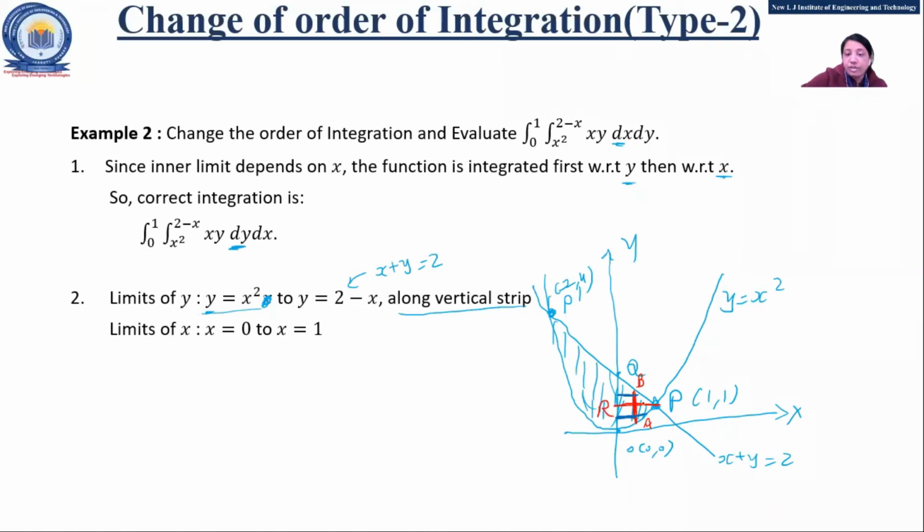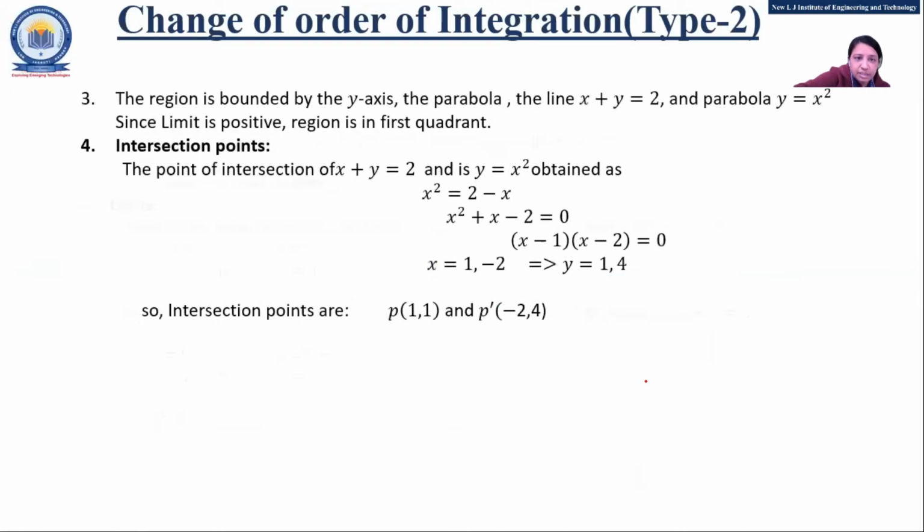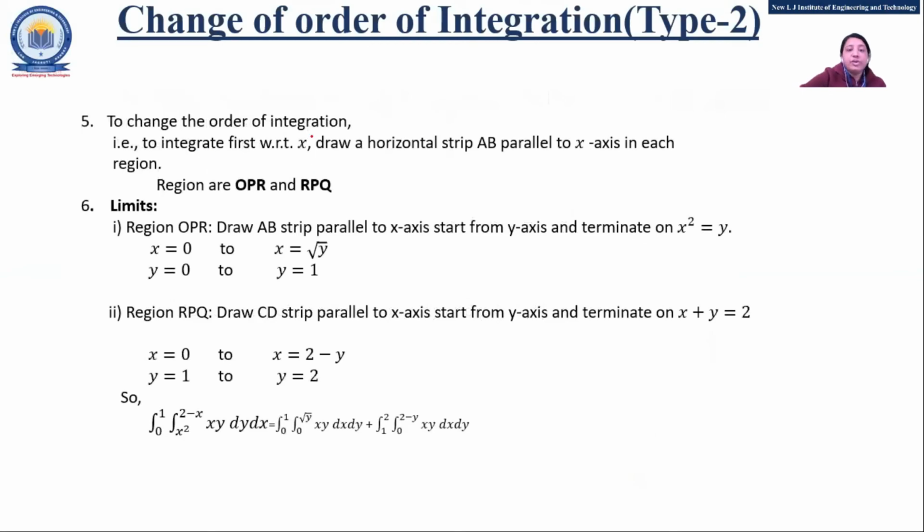And then I'll draw two strips. That is the important one, right? Because here there is an intersection point, and your region is supposed to be divided. See, it is written here: to change the order of integration, we need to divide it into two regions, OPR and RPQ. I redrew it here also so we can decide it easily.